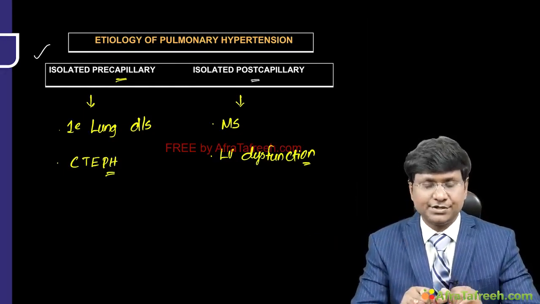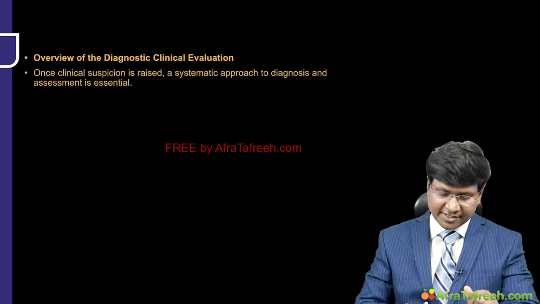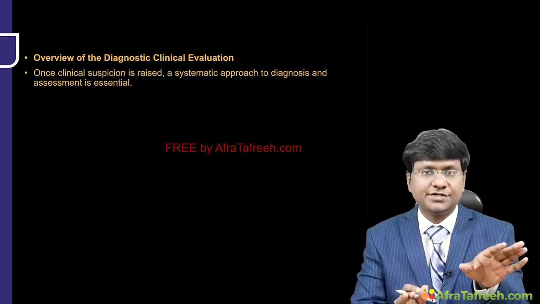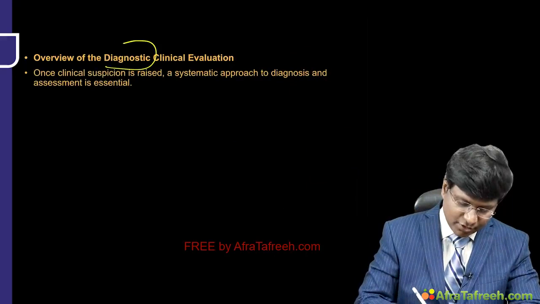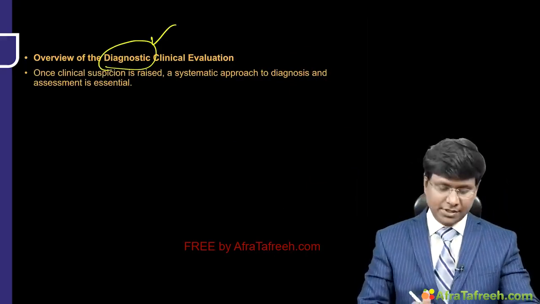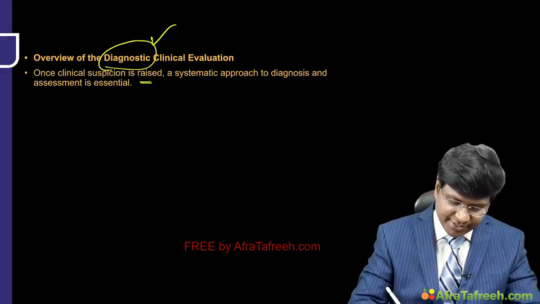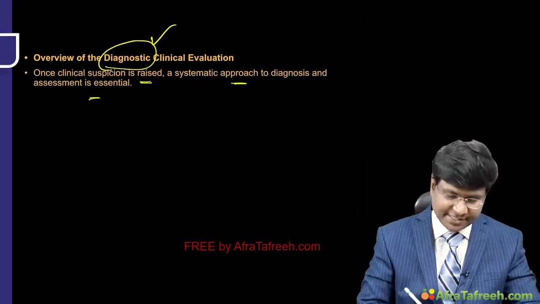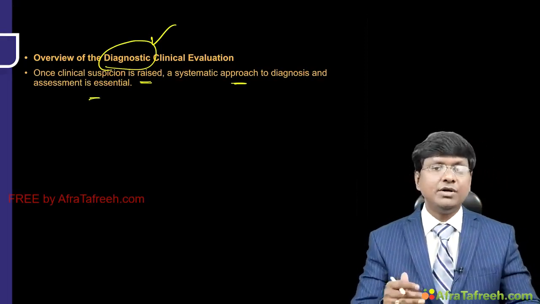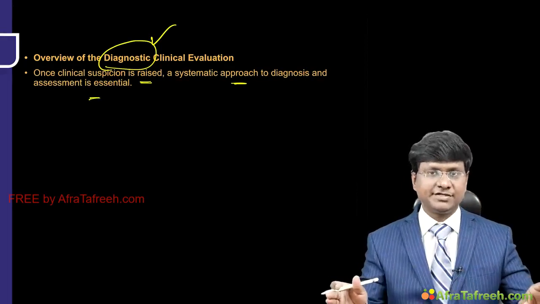Now, after having discussed the clinical features, let me take up the discussion of the diagnosis, right? So once clinical suspicion is raised, a systematic approach to diagnosis and assessment is very much essential. Now, how will you diagnose? You have multiple investigations.